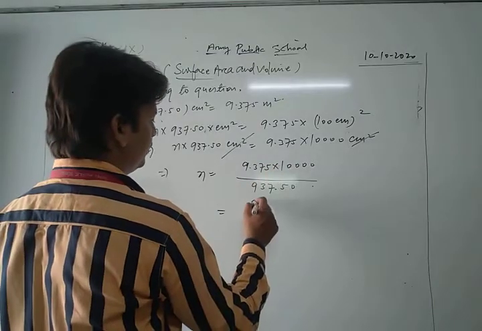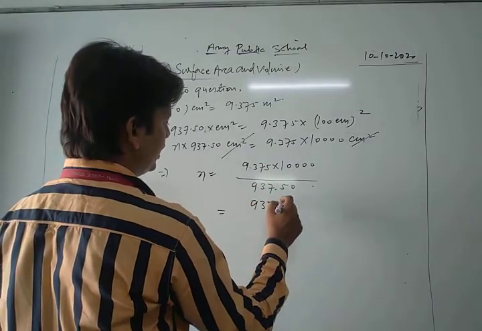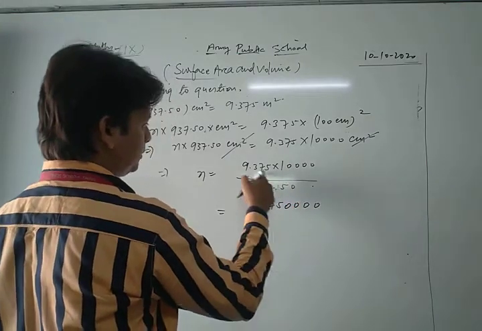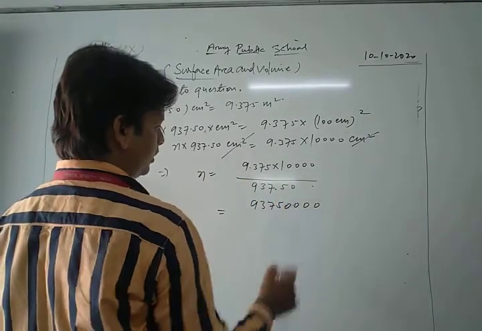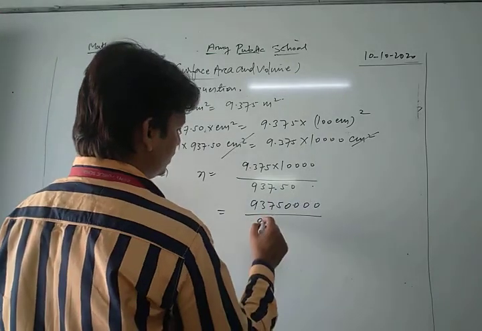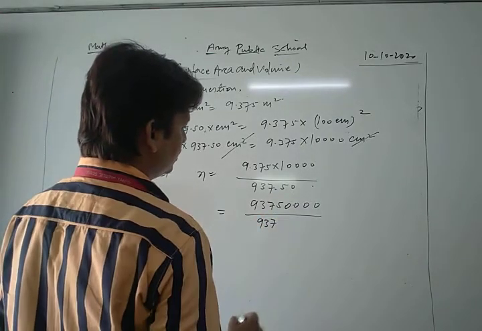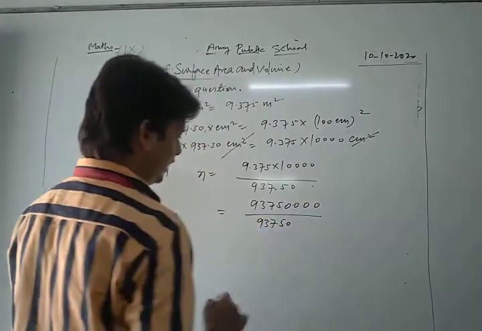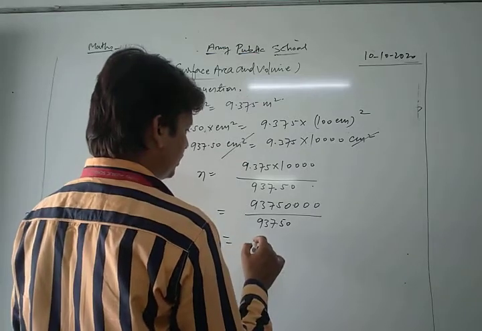If we multiply them, we get 9,375, and the decimal takes place with 3 digits. In the denominator we get 937.50.